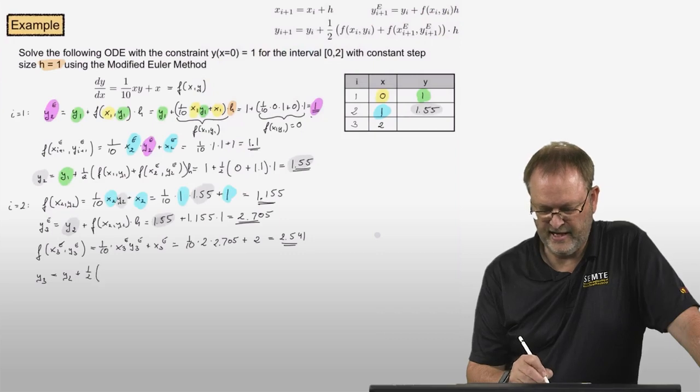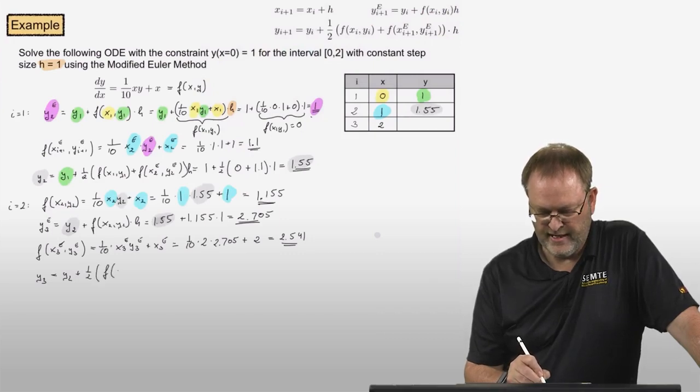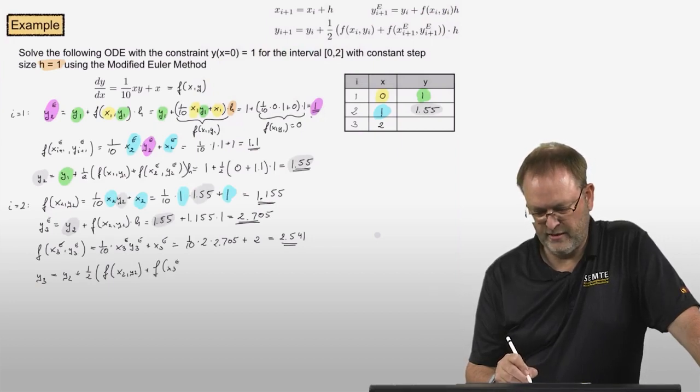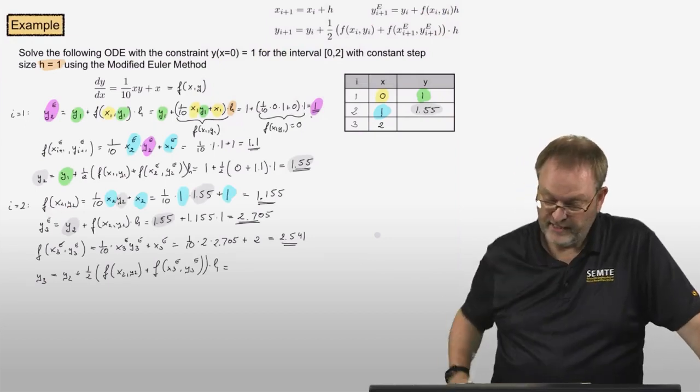And then finally, I can now calculate my y3, which is equal to my y2, plus 1/2 times f of x2, y2, plus f of x3 Euler, y3 Euler, times h. And let's plug in the values.